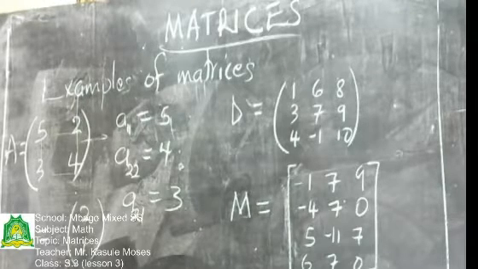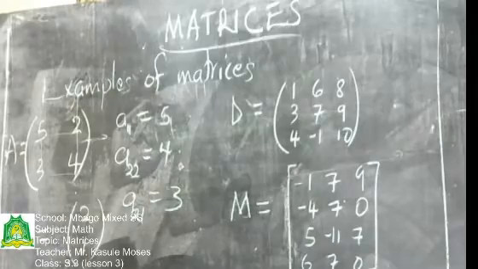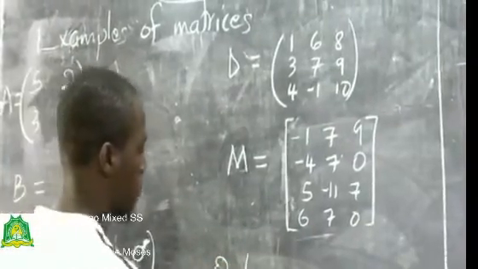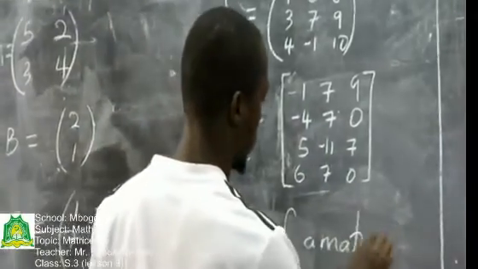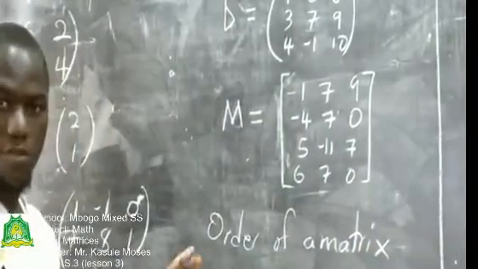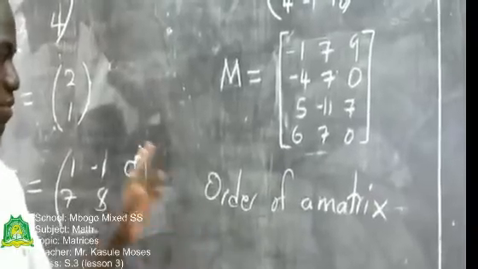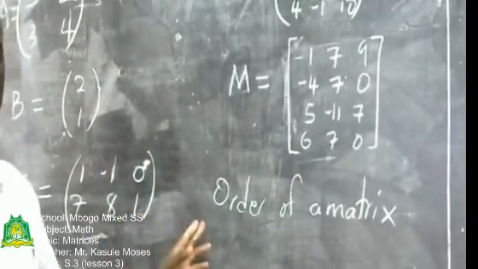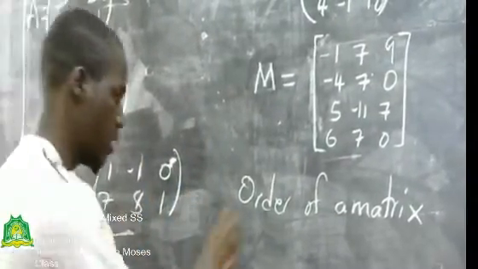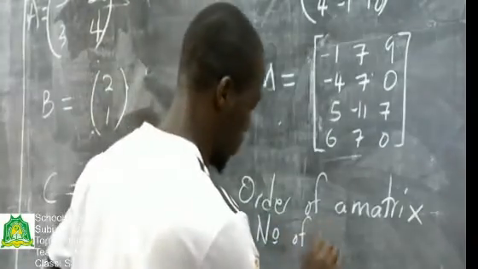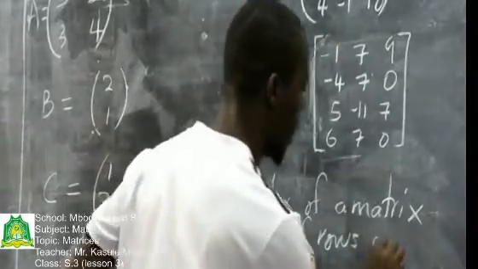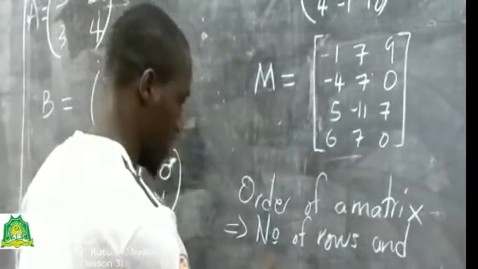Now, that takes us to the order of a matrix. Order of a matrix is simply the number of rows and number of columns in a matrix.